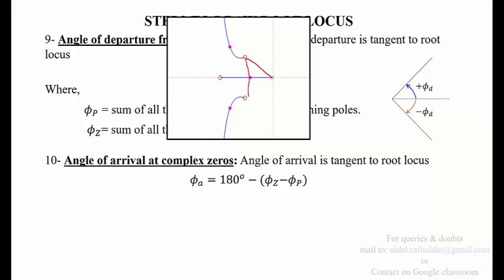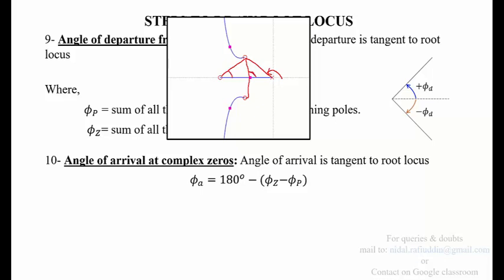We'll be connecting all the roots with this particular zero for which the angle is to be computed, and we'll be calculating the angles between the zero and pole separately, and that of zero and zero.